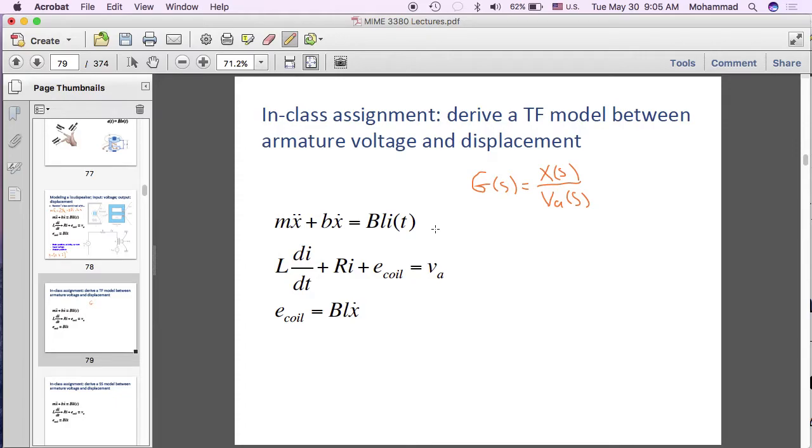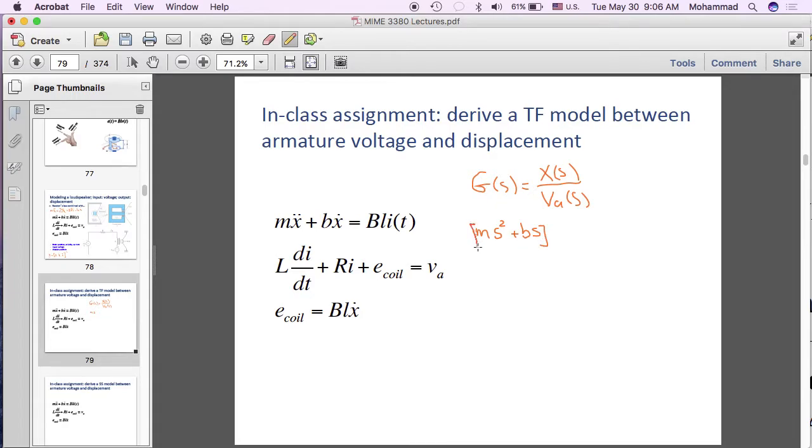Okay, so let's work together now that you had some time to think about this problem. So by now we all agree that the first step is to transform these differential equations into Laplace domain. Knowing that all initial conditions are going to be equal to 0, if you transform the first equation, you get m, it's a constant, multiplied by s squared plus b multiplied by s.